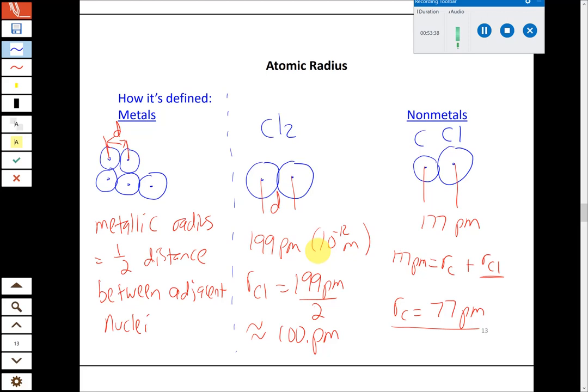You can't get the exact number from the periodic table, but what we're going to learn now is that if we compare carbon to chlorine, we could figure out that chlorine's bigger than carbon, not necessarily by how much or what the exact number is, but we're going to be able to figure out relative atomic radii for different elements depending on where they are in the periodic table. It's not my number, it's the truth. It's the number that's determined experimentally.